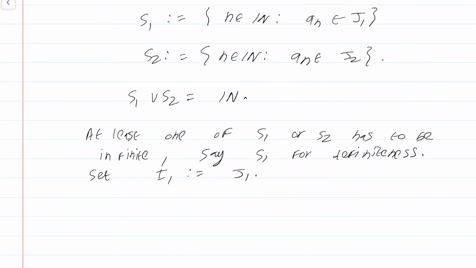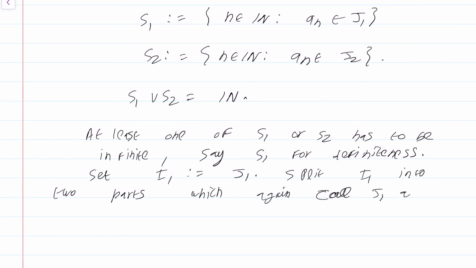Now set I1 to be J1 and split. Now split I1 into two parts, which again I call J1 and J2 by abuse of notation.